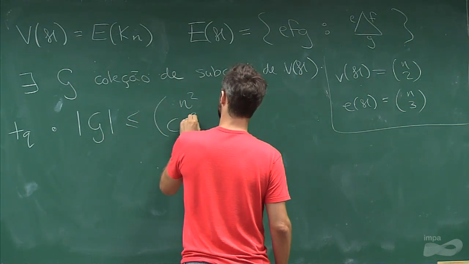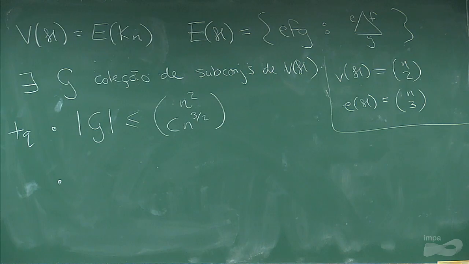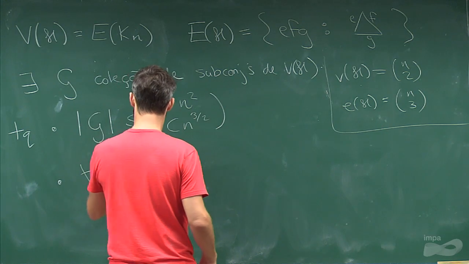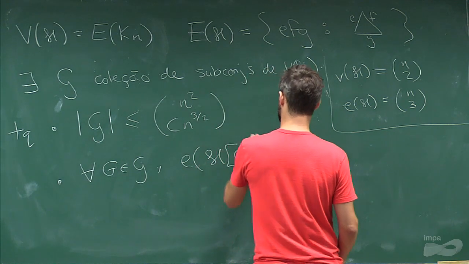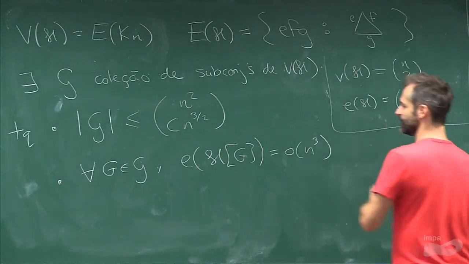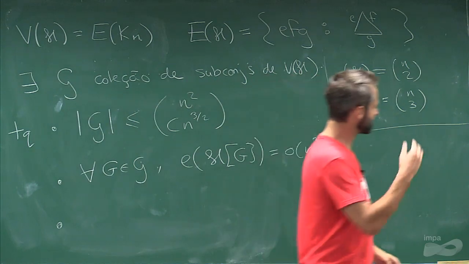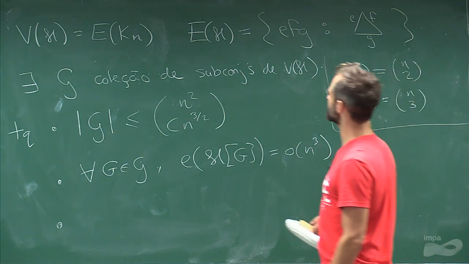N squared, choose C, and 3/2. Every G in the collection has few triangles. So every G has few edges of H. And finally, perhaps most importantly, every triangle-free graph is contained in some G. Maybe I'll just call it something slightly different.